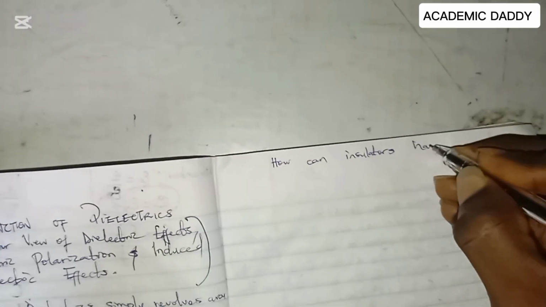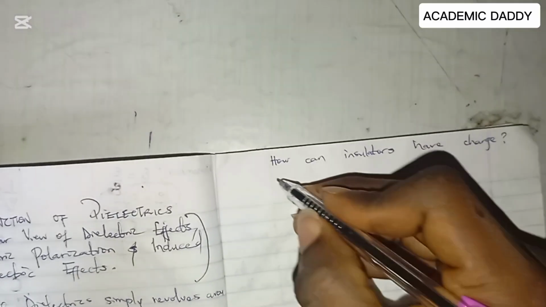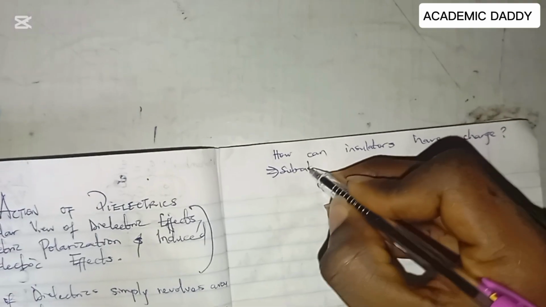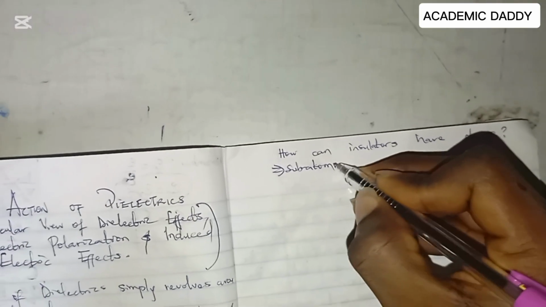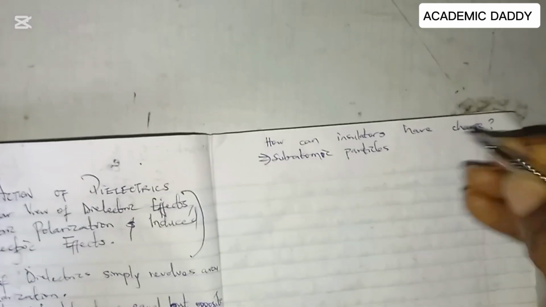But you can come to think of it and say, how can insulators have charge? So you need to remember that there is something called subatomic particles, and everything has it.